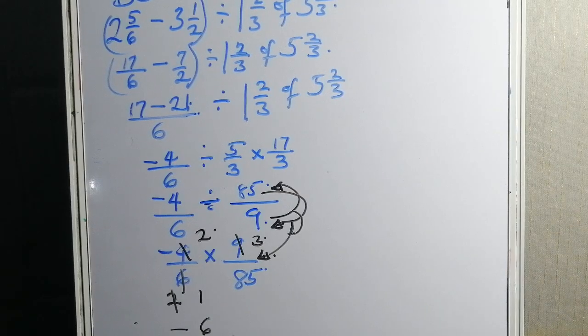So when you change it to multiplication, what do you do? Multiply the numerator with numerator and denominator with denominator to take care of "of". Okay. Then after you do that, you'll be left with division. Then you move to division and apply division. The numerator will turn to denominator and the denominator will turn to numerator.